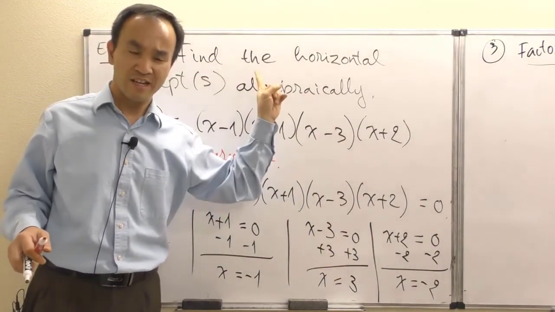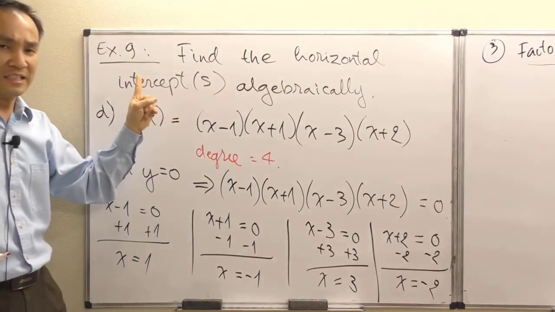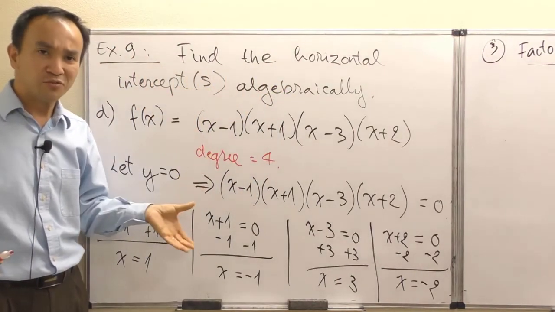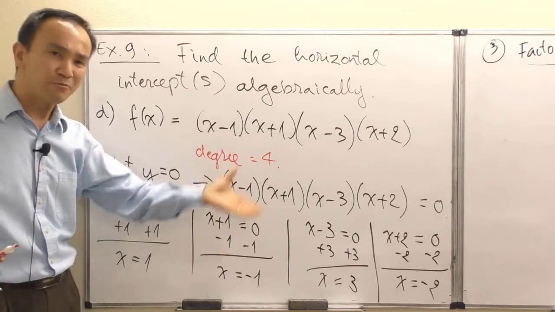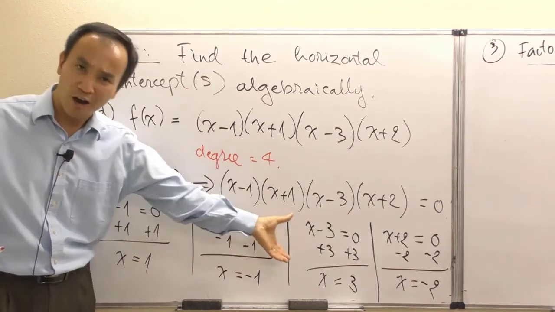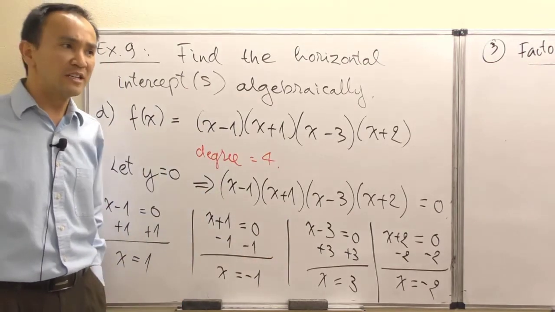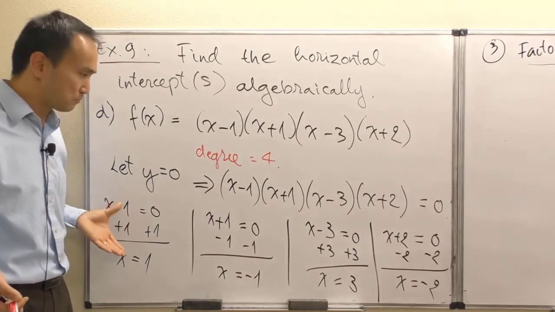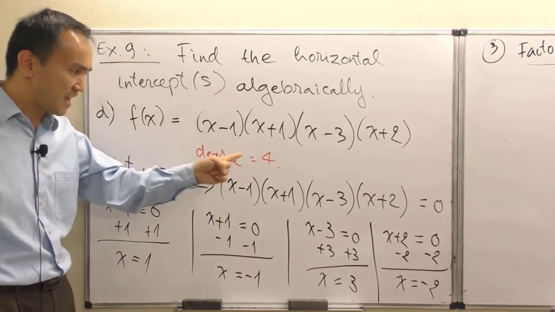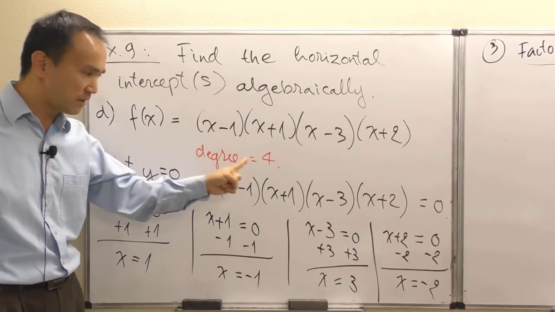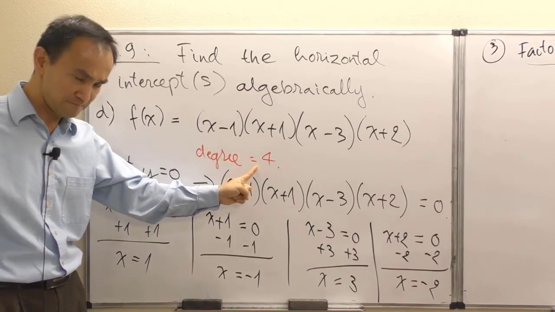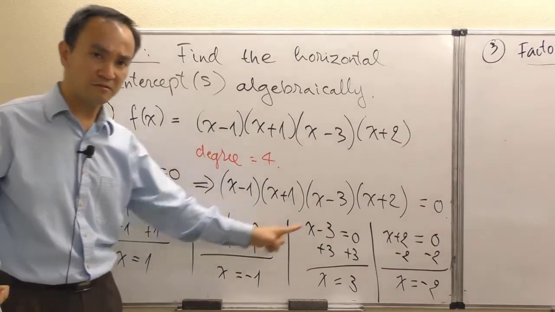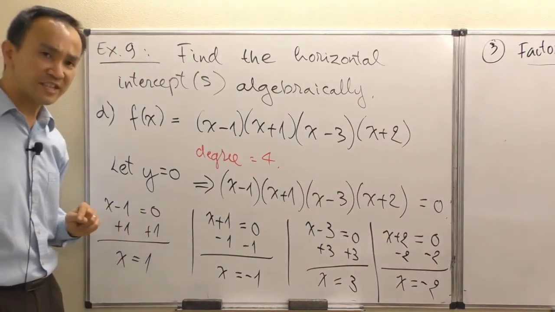Knowing how to solve it at this point, my intention for bringing up these 2 extra problems in homework, in example 9 here, is not to keep repeating how we solve for the horizontal intercepts. Rather, I want you to start making observations: this polynomial has this degree, which we already know, and look at how many horizontal intercepts it can produce.